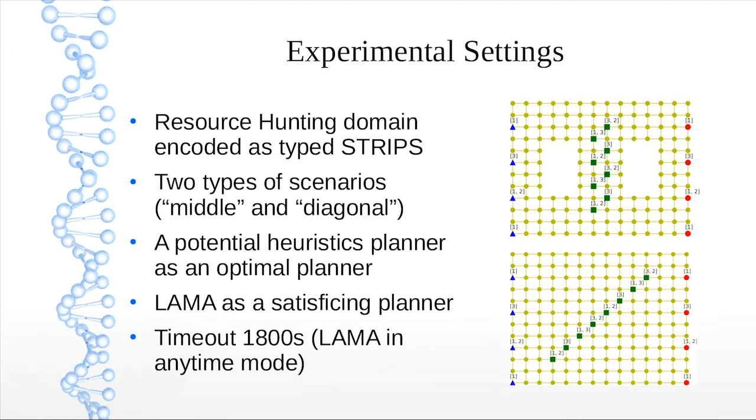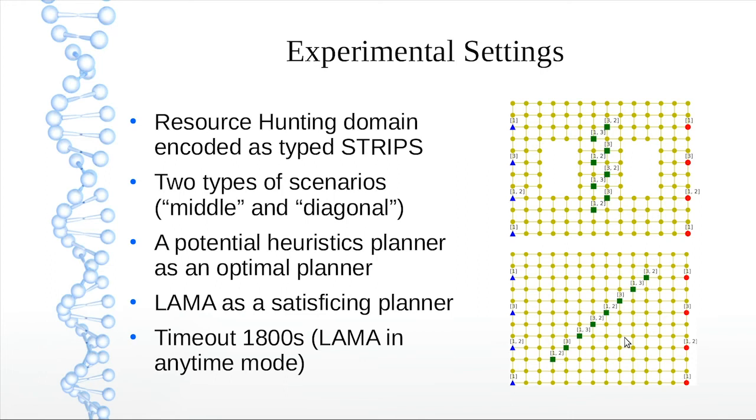Now, we encoded the resource hunting domain as typed STRIPS, and the details are given in the paper, so we actually encoded time as timestamp objects. We considered two types of scenarios, which we called middle and diagonal, simply based on how resources are placed.